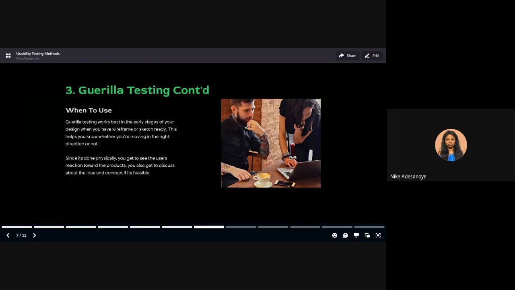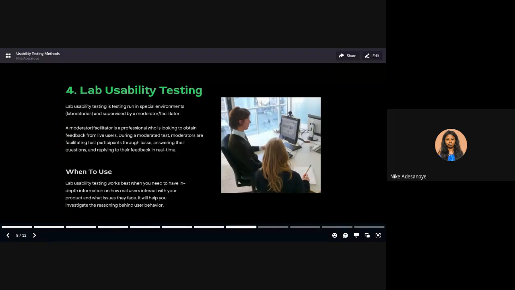Try as much as possible to watch it, because their body language might be different from what they're saying, and might even be different from what they are doing. It's a lot of work, but yeah, it will be done eventually.